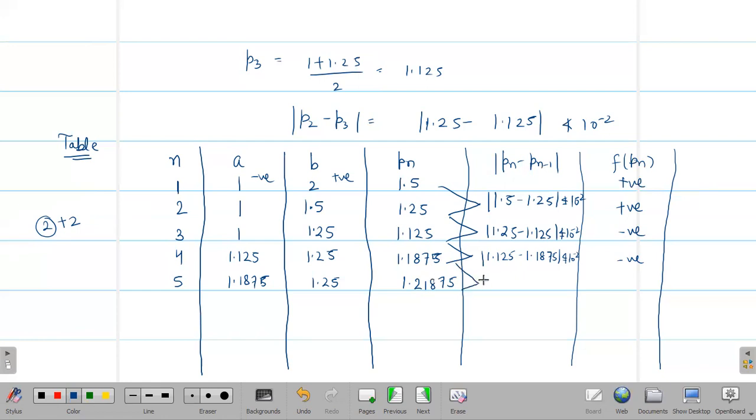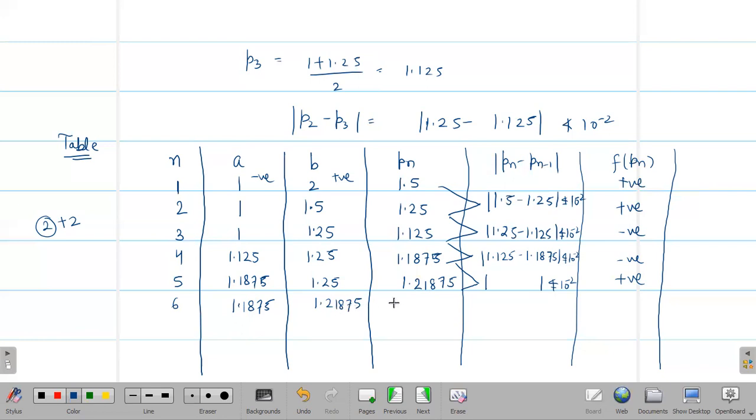So now you find this difference. It is not less than 10 raised to minus 2 again. Now again, if I find its sign, it will be positive. In the sixth iteration, negative will stay negative only, and positive will be replaced with 1.21875.